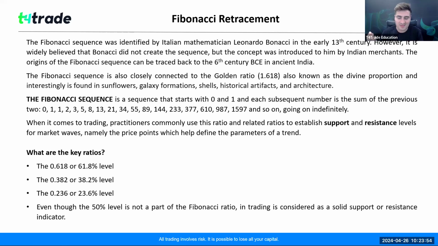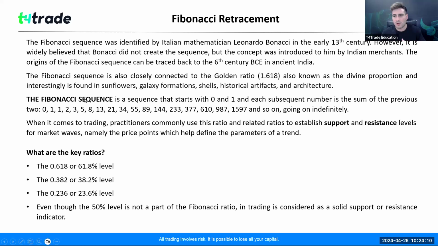You can use this quote-unquote principle, adding the last two numbers together to get the new one. If you continue doing that, starting with 0 and 1, this sequence of numbers goes on indefinitely.